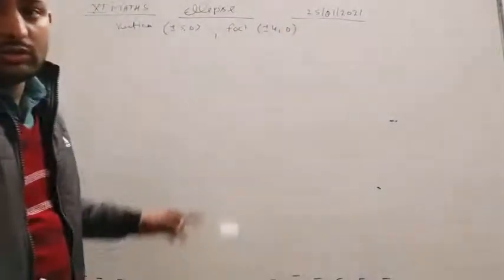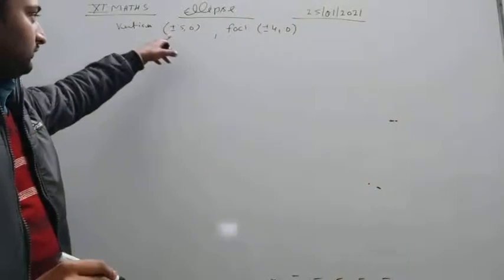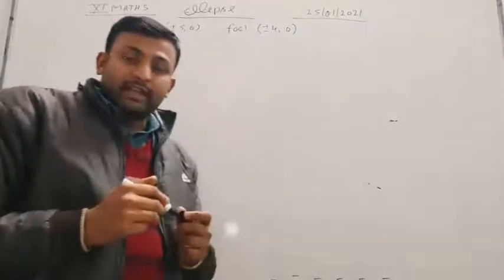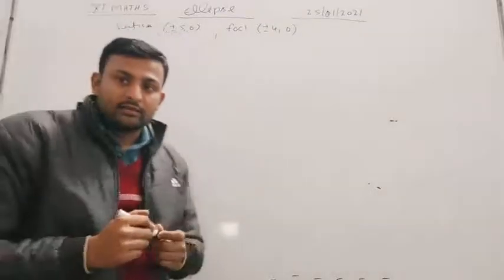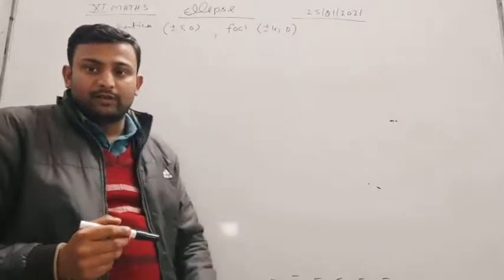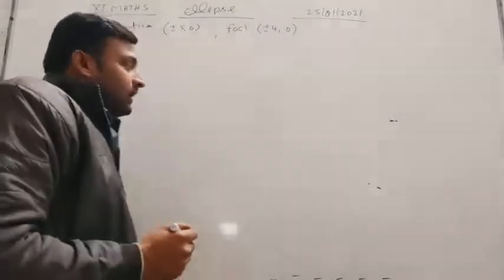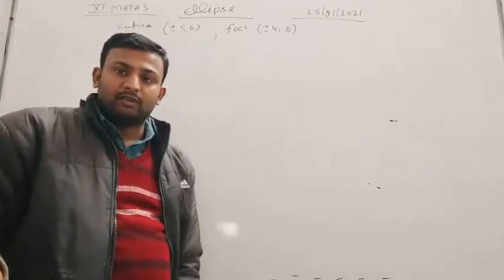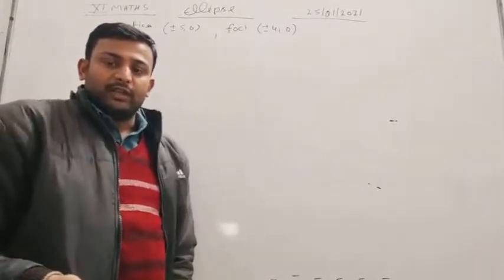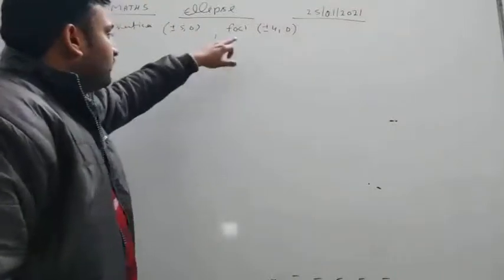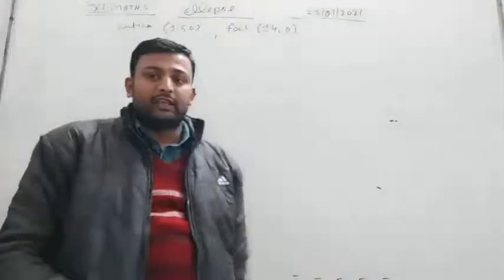Okay, students. So you know that the vertex and focus are plus minus a, 0 and plus minus ae, 0 in the case of the first case, when our standard equation of ellipse is x square by a square plus y square by b square, where a is greater than b. In this case, our vertices are plus minus a comma 0 and foci are plus minus ae comma 0.